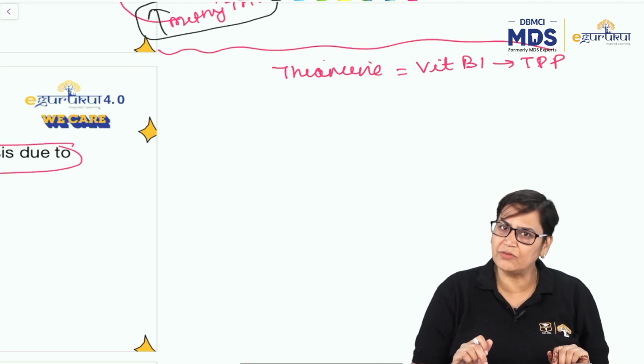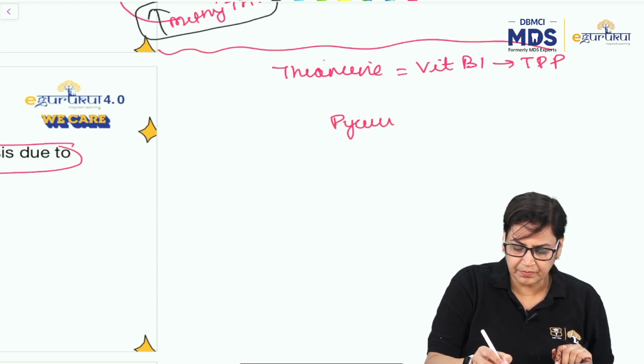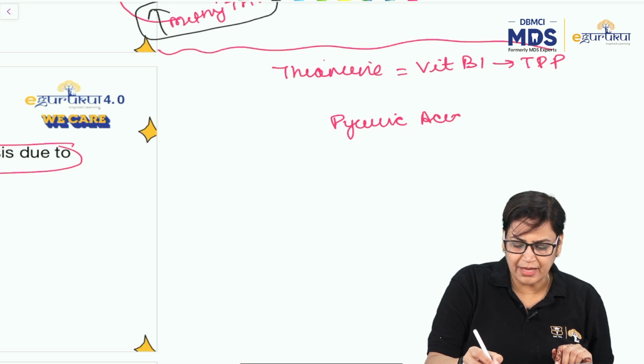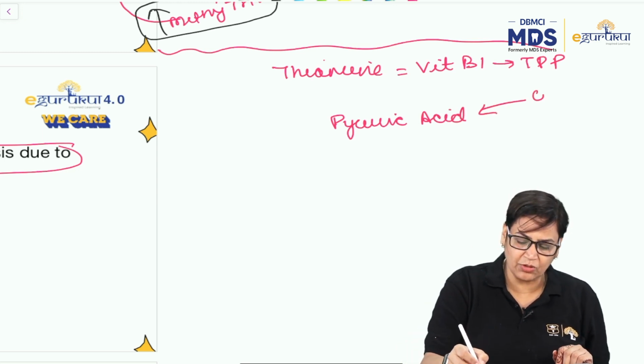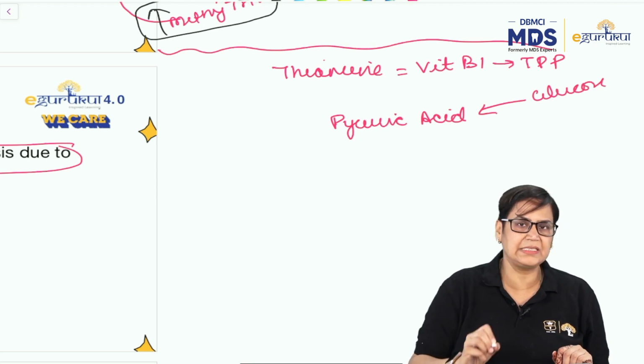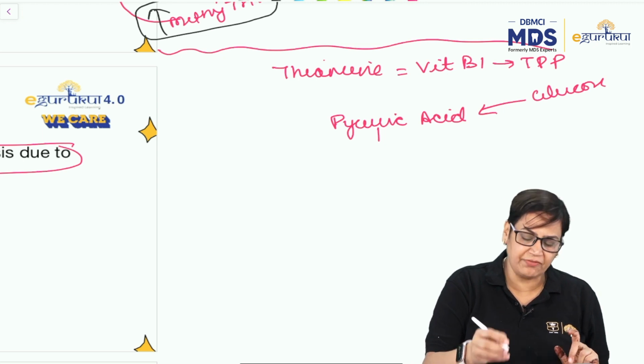Coming over to the function of this, pyruvic acid comes from the anaerobic and aerobic breakdown of glucose by glycolysis. And this pyruvic acid, what is the fate?